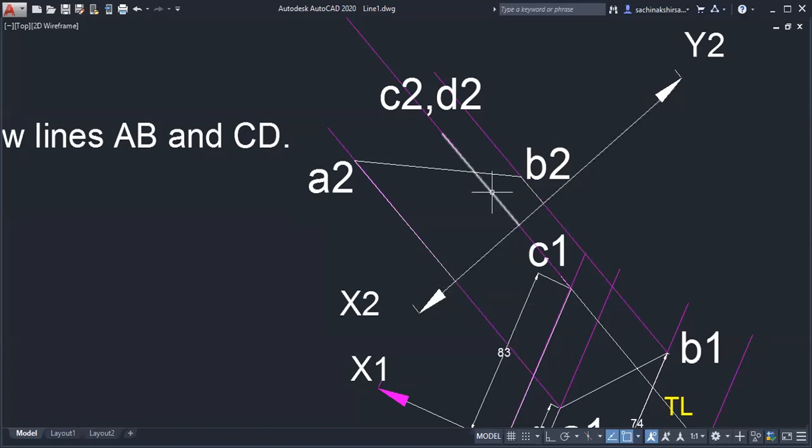What will you say about line CD and AB in this view? Whatever view I have zoomed here, there is actually a point view. I will make a circle here so that you will come to know that here there is a point view of that line.